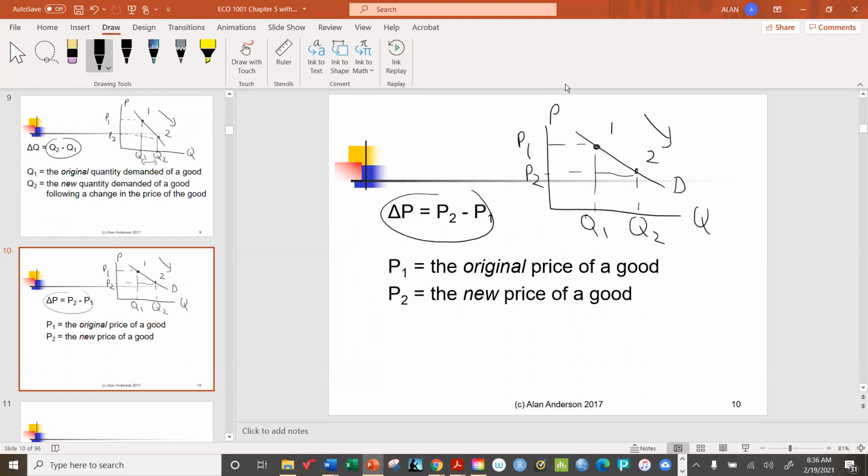So now what we're trying to capture is this difference right here, the difference between the prices. So this is the absolute change in the price. And what we're essentially trying to find out is how much of a response was there in the change in quantity demanded to the change in the price that we see.